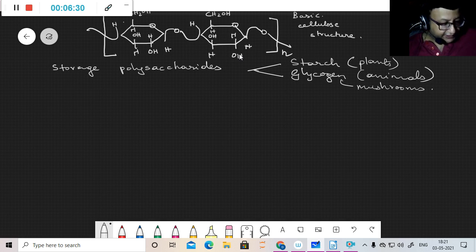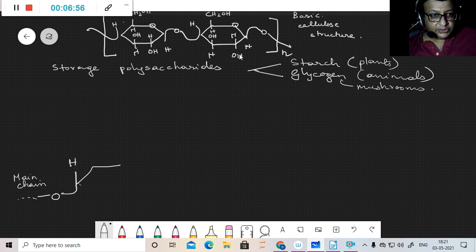A main chain. You have the main chain over here. It starts like this. It goes on. You draw the glucose units.